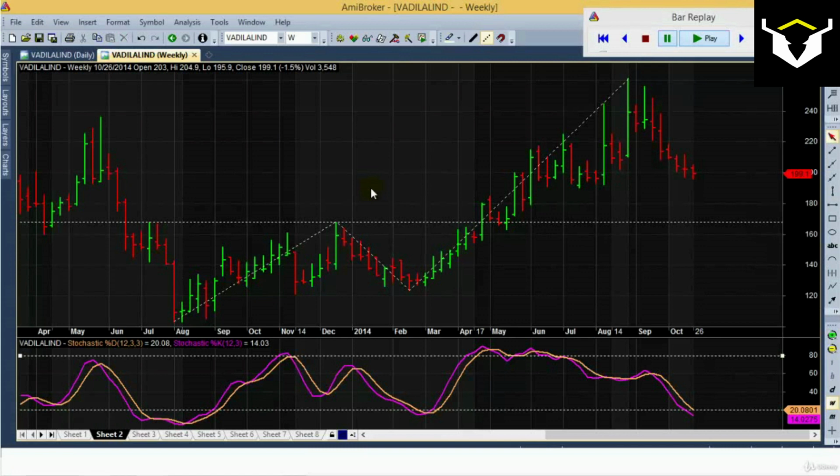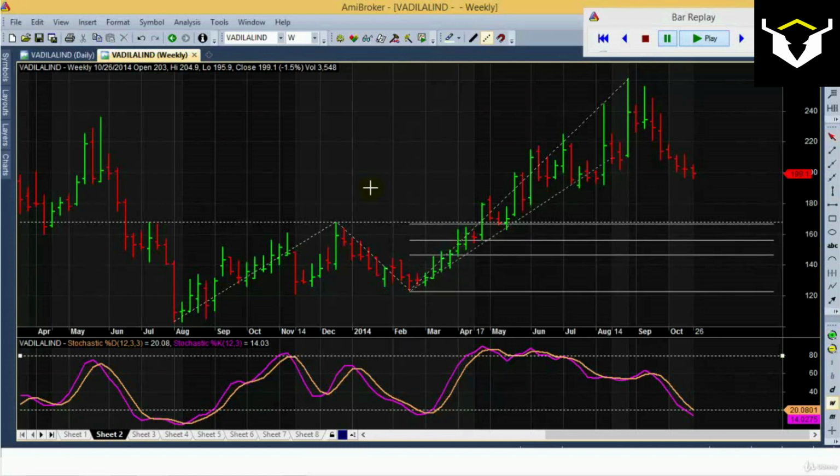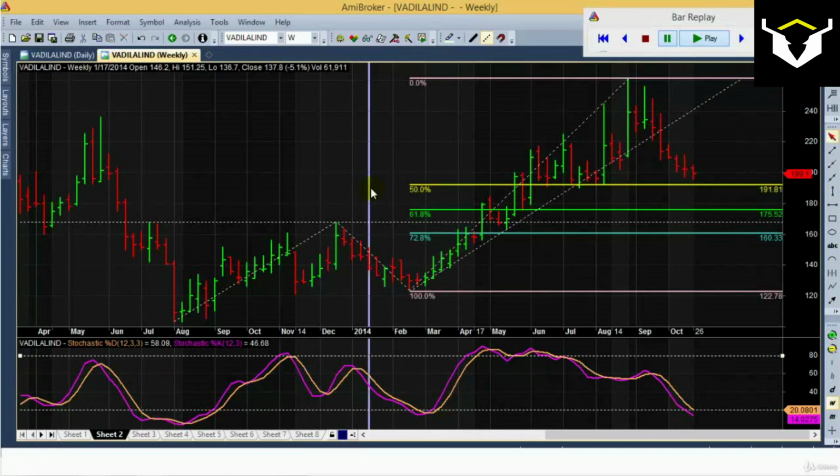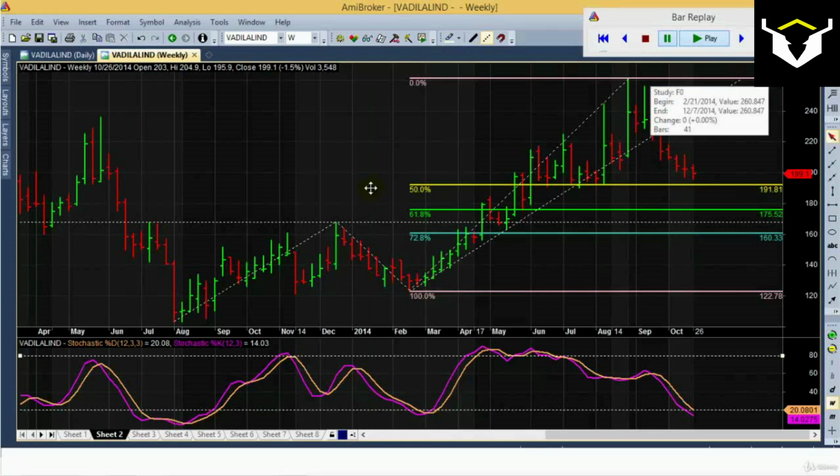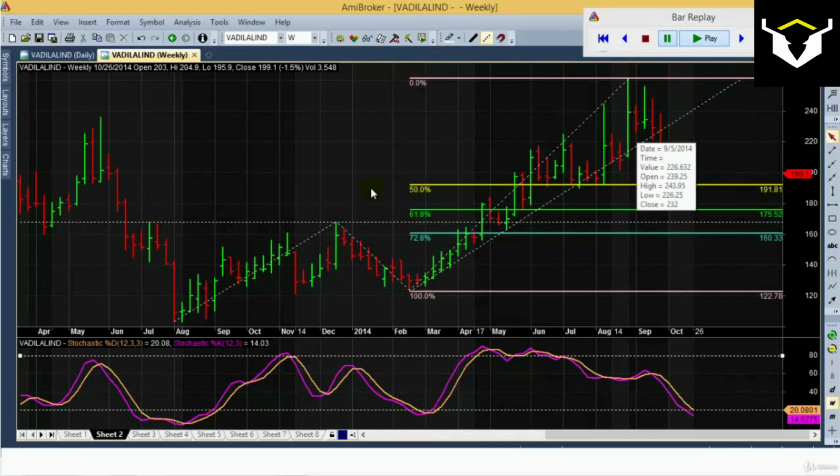So let's go ahead. First of all, I will add the ratio of wave 3 here. So what I have done is I've selected the Fibonacci ratio tool in my charting software. Then first I clicked on the low of wave 3 and then the high of wave 3 and simply plotted the ratios. You can see ratios have been plotted: 50, 61, 78.2.